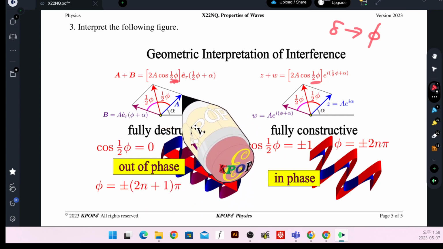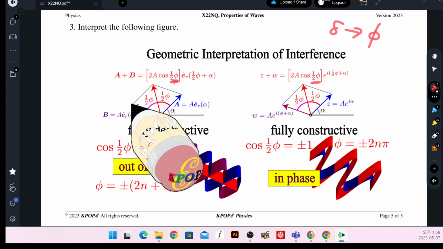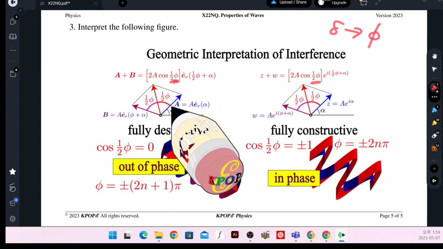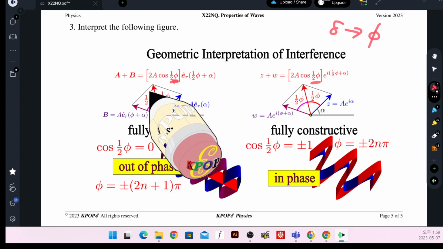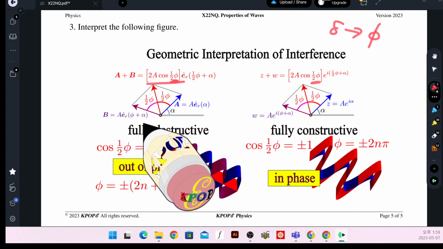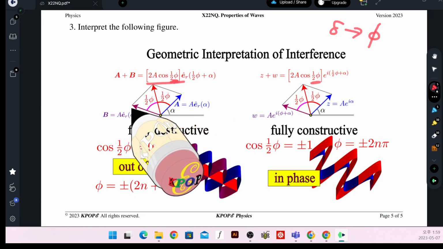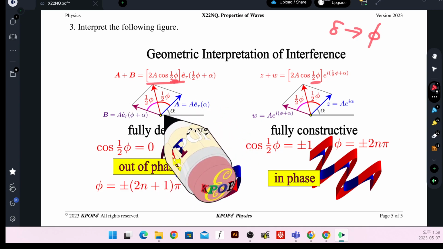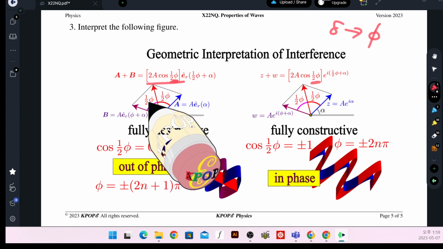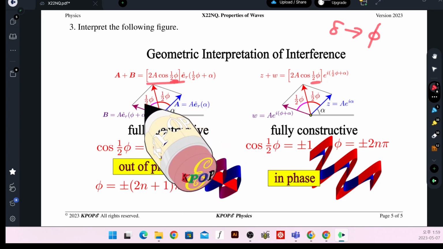We find the rhombus, the length of the two sides are the same, and the diagonal of this rhombus is nothing but this, because these two are of the same length, and we draw a line bisecting the angle phi.